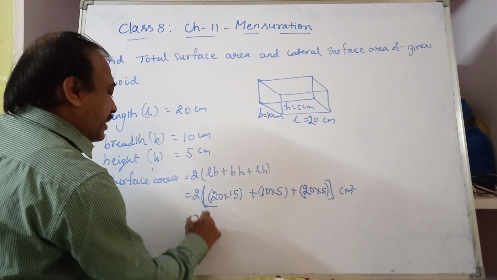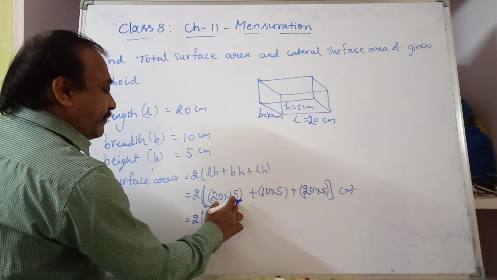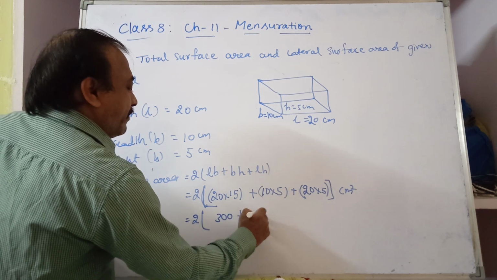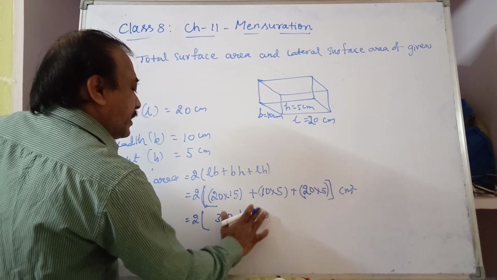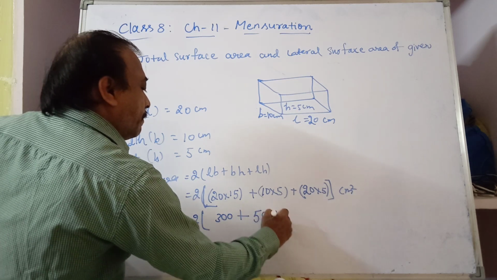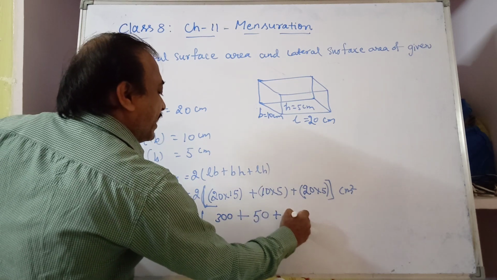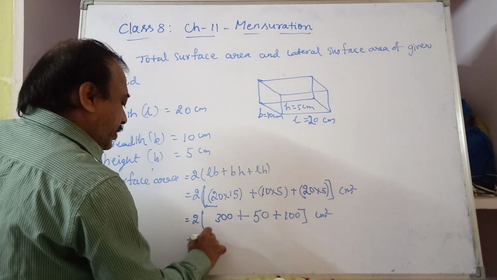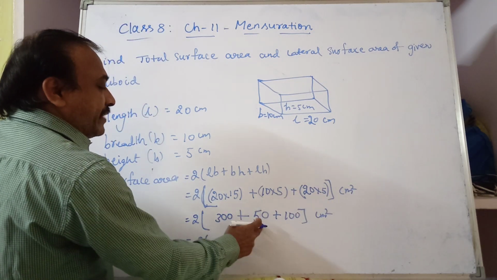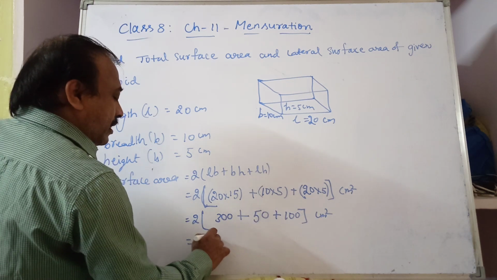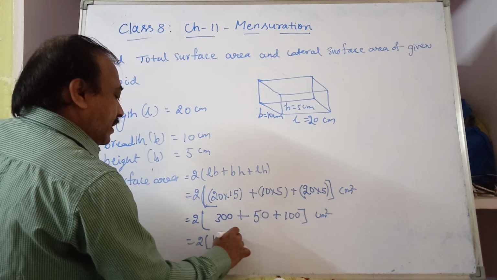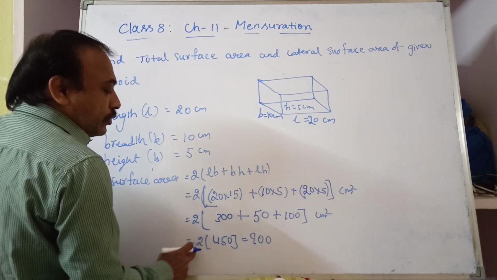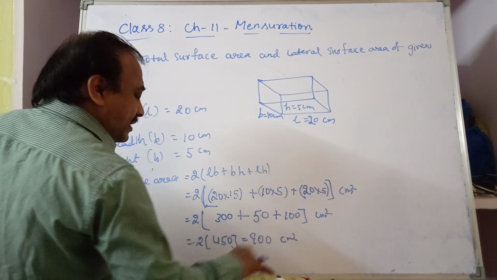2 into, next, 20 into 10 is 200, plus 10 into 5, 50, plus 20 into 5, 100, centimeter square, which is equal to 2 into 200 plus 50, 250, plus 100, 350, which is equal to 700 centimeter square.